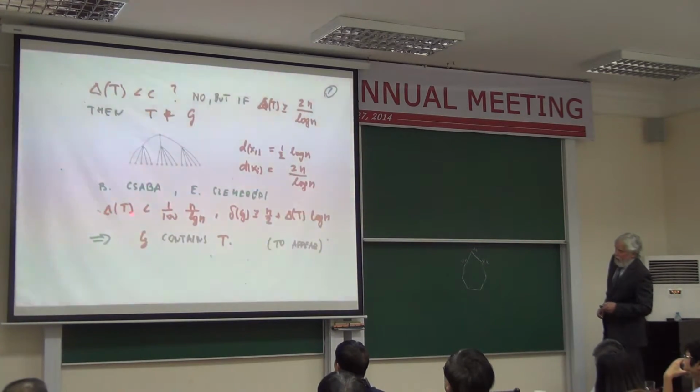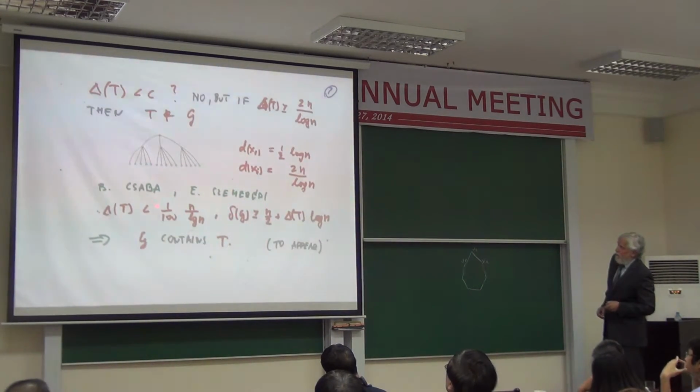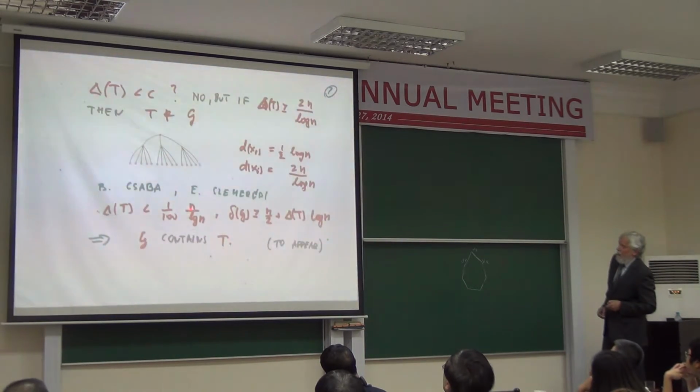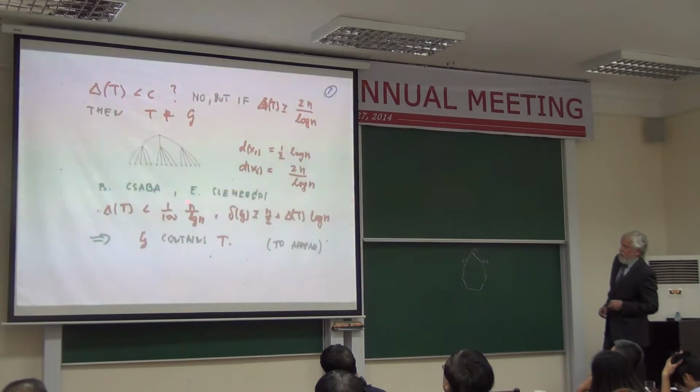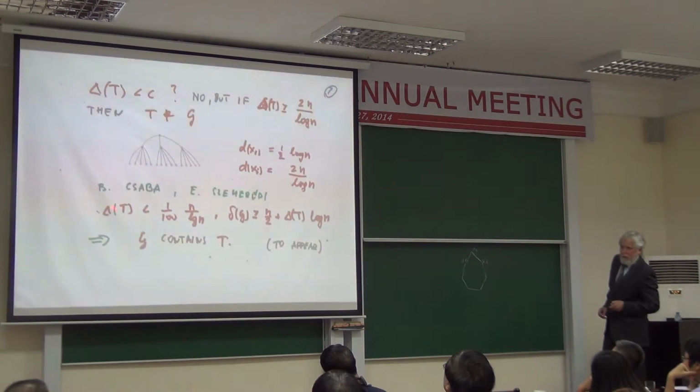But you see, if the tree has maximum degree less than 1 over 100 times n over log n, and the minimum degree of the host graph is 1 plus epsilon times n over 2, then T is contained in the host graph.